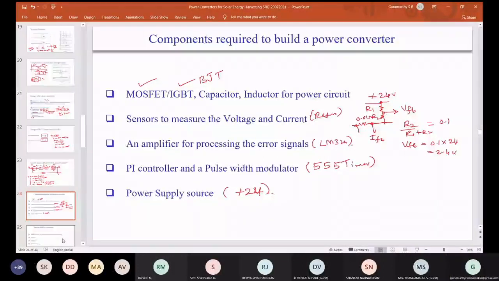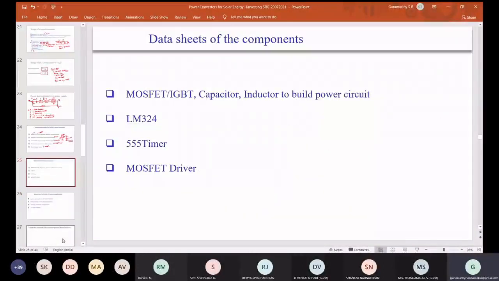Okay, now we have to build the power converter. So these are the components required. Now we have to understand how these things work. You select some components, try to understand how they work, put them in the circuit, and build the system. These are the things I have just selected.